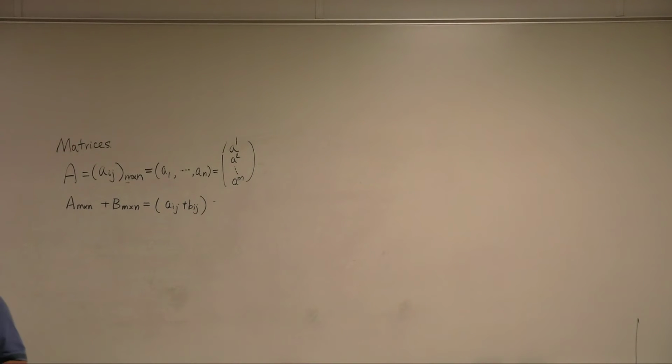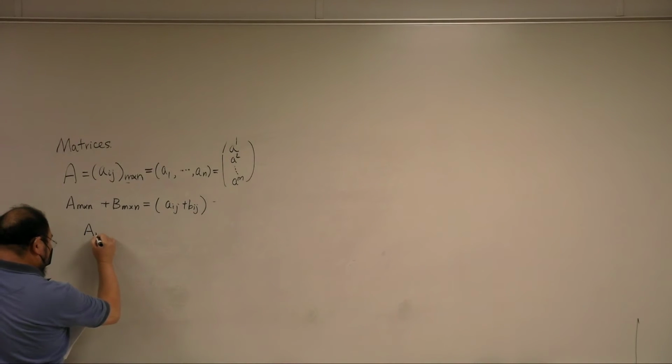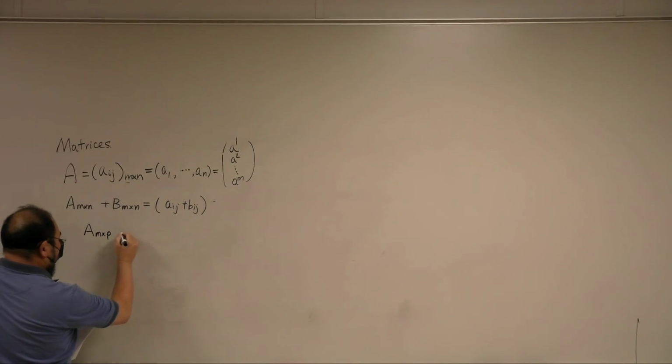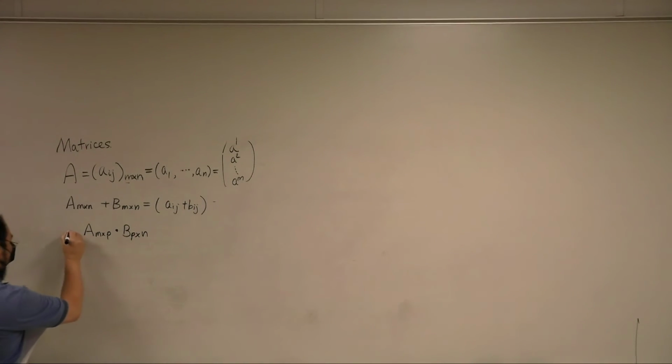Element addition. Okay? Matrix multiplication: the number of columns in the front matrix has to be equal to the number of rows in the post matrix. That is what we call rank agreement.